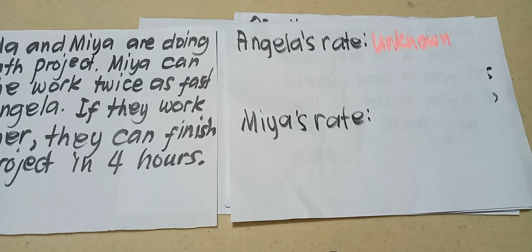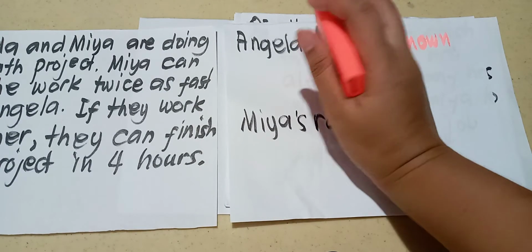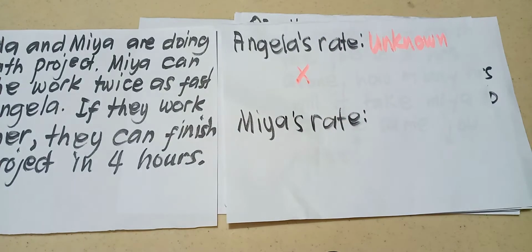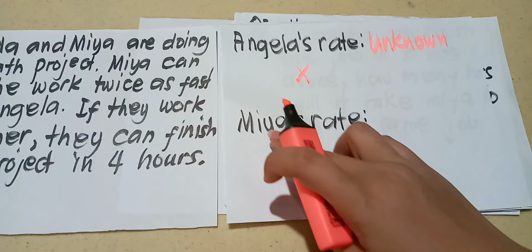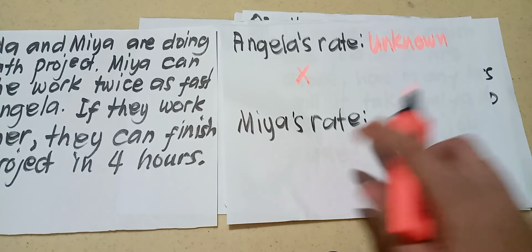And as you all know, if the given rate is unknown, we can use variables, any kind of letters. Since the value is still unknown, we can use variables. In this example, I'm going to use x.